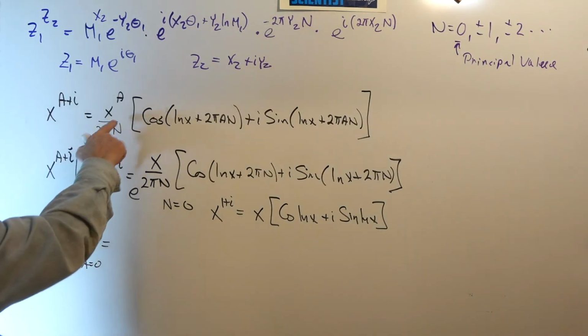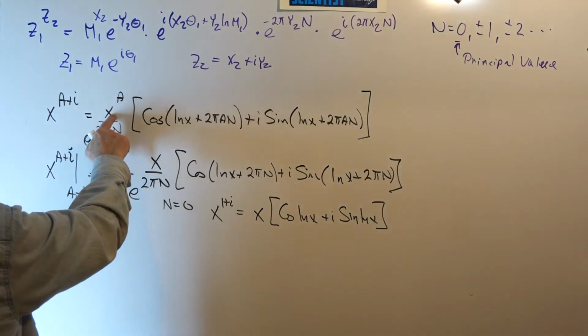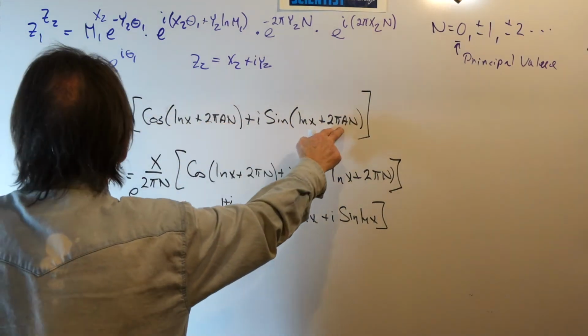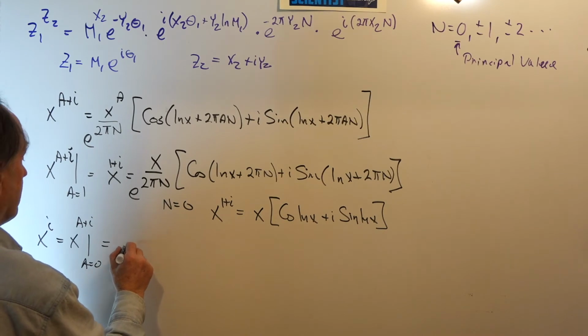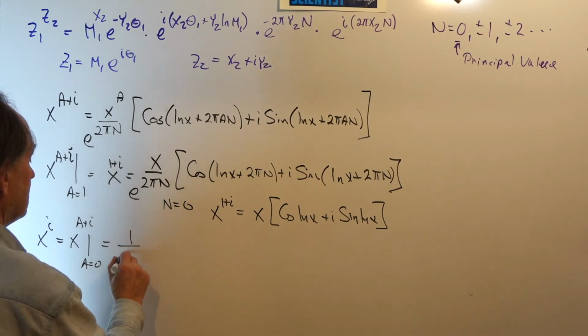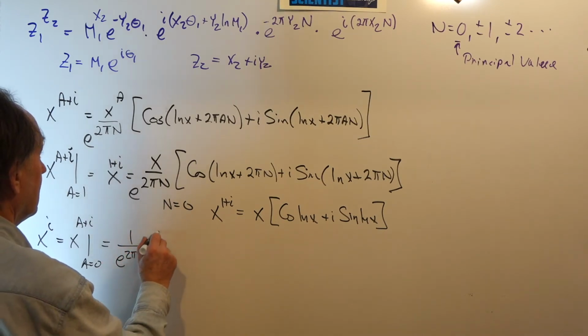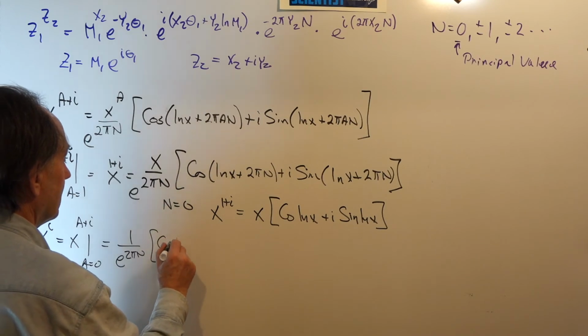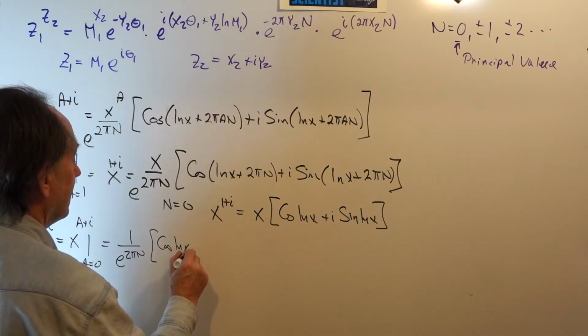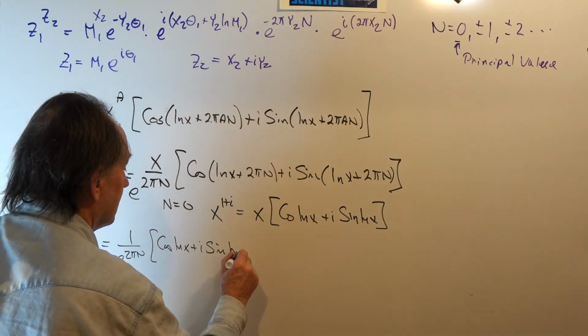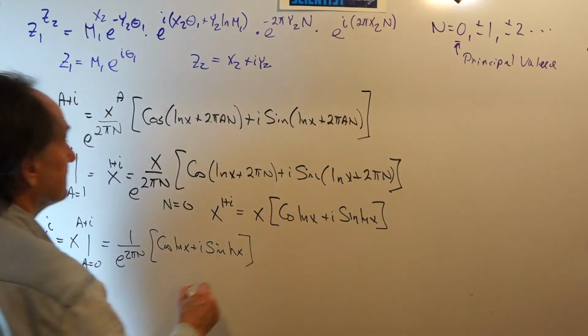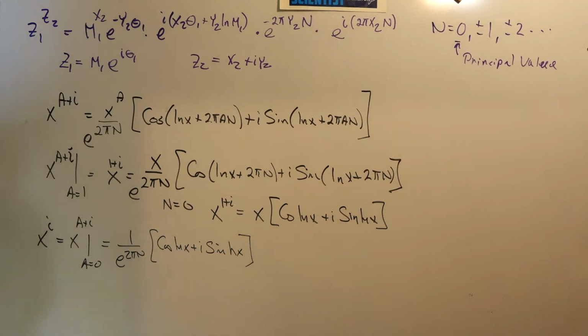So when a is 0, we get 1 in the numerator, and these drop out, and we can immediately write that it is 1 over e to the 2 pi n times the cosine of the natural log of x plus I times the sine of the natural log of x, because a becomes 0.